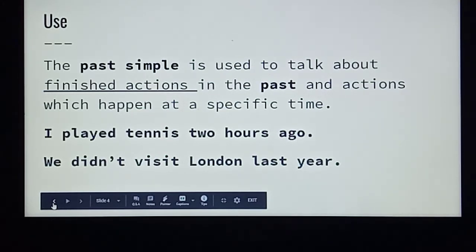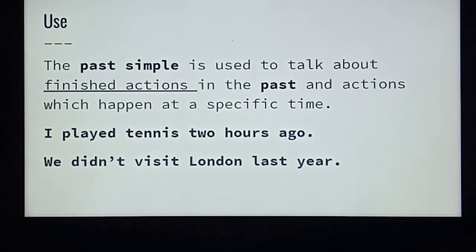Again, it is used to talk about finished actions when? In the past. And actions which happen at what time? At a specific time. Very good. So the examples, I played tennis 2 hours ago. We didn't visit London last year.